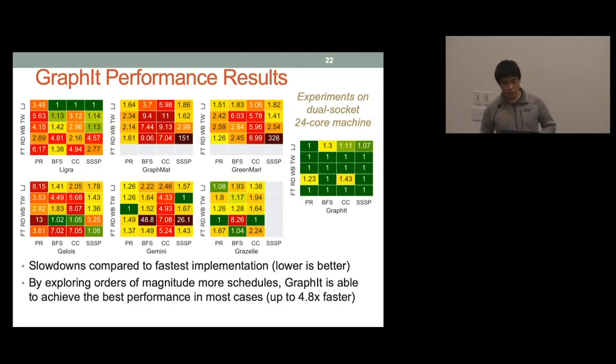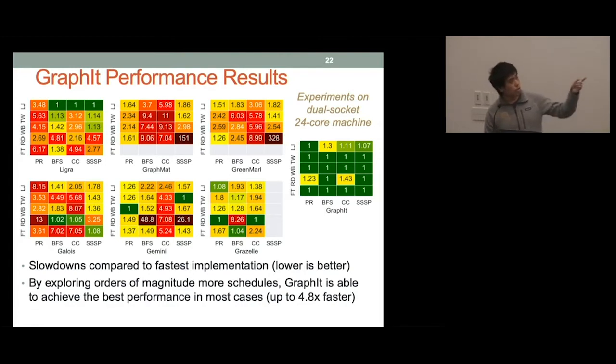Okay, so the question was, why are these existing frameworks not able to explore the different sets of optimizations? Each of these frameworks is proposing its own set of optimizations. If they wanted to, they could implement these other optimizations into their language as well.